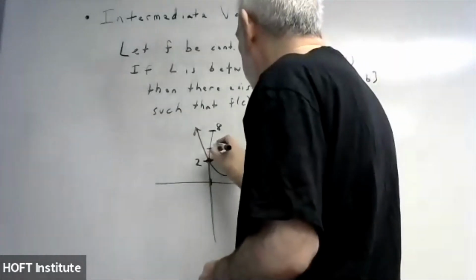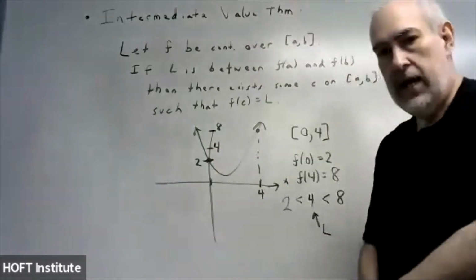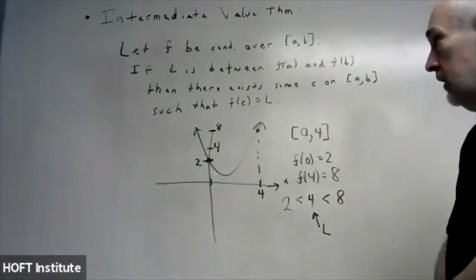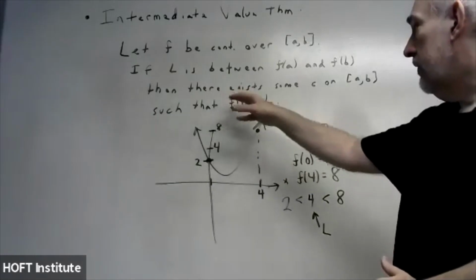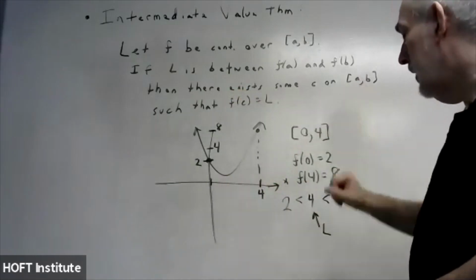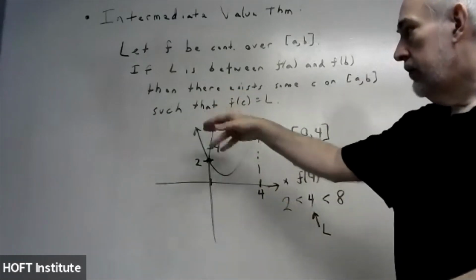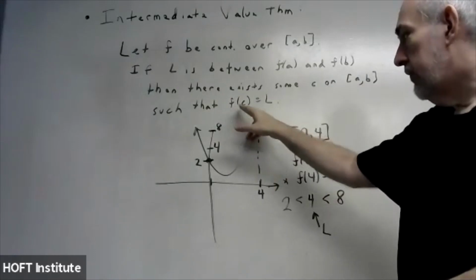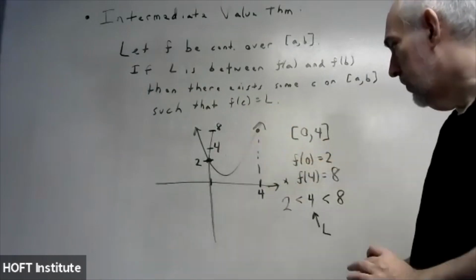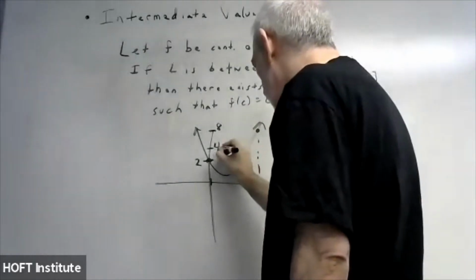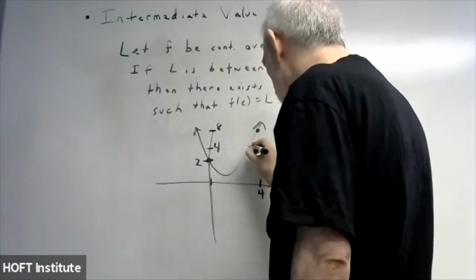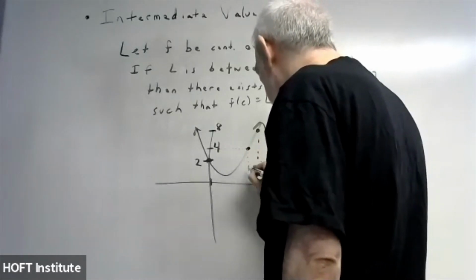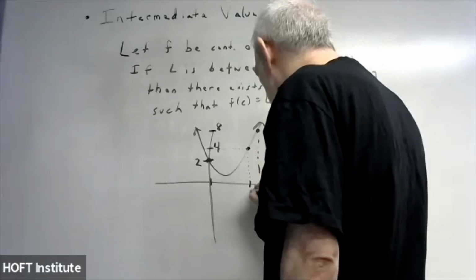On the graph, that might be that high. Okay? So then what this is saying is that there exists some value of C that's between 0 and 4, such that f of C equals 4. On the graph, that would be there.